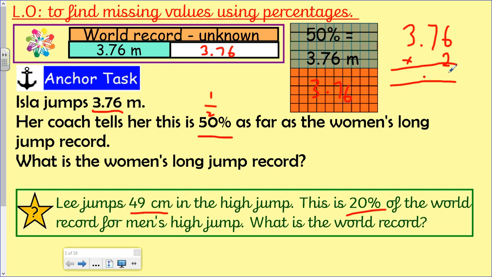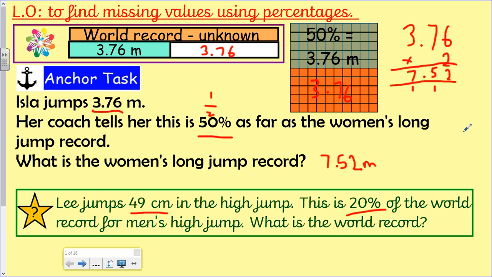So we're doing 2 times 6 is 12, 1 underneath, 2 times 7 is 14, add the 1 is 15, exchange there, 2 times 3 is 6, add the 1 is 7. So I get 7.52. So that means our unknown world record is 7.52, and that is in meters.